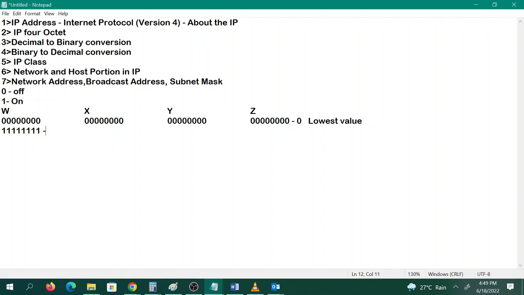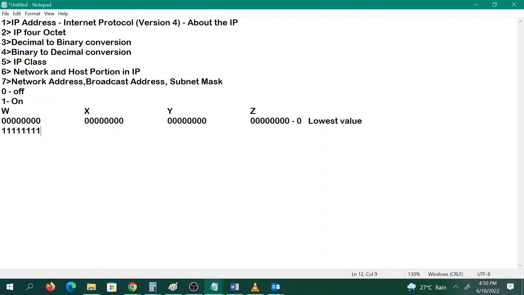Every bit has its own value. How do we decide the bit value? From the right, the first bit value will be 2 raised to power 0, which means 1.